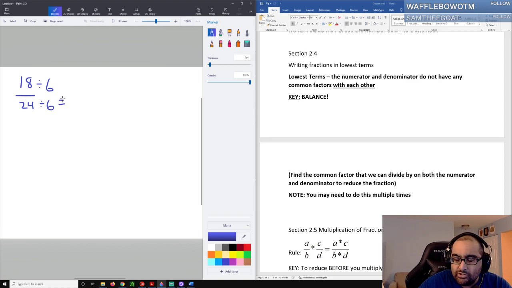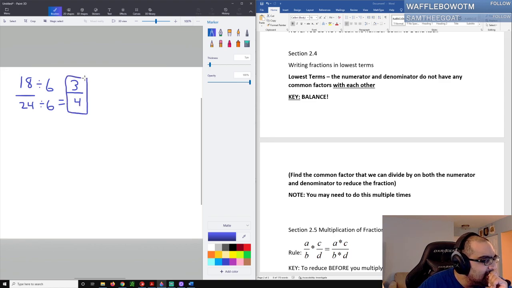All I'm going to do here is divide straight across. I'm dividing 6 on the numerator, dividing 6 on the denominator. So 18 divided by 6 is 3. 24 divided by 6 is 4. So here we get 3/4 as our answer.